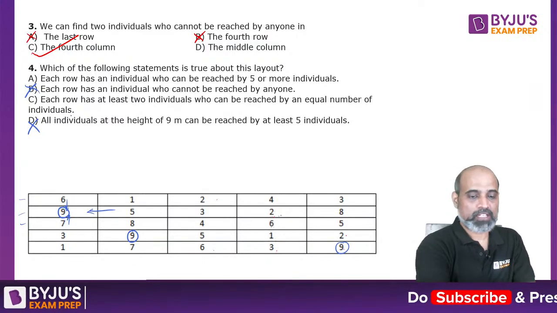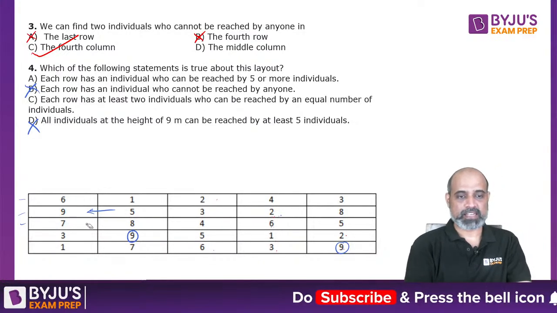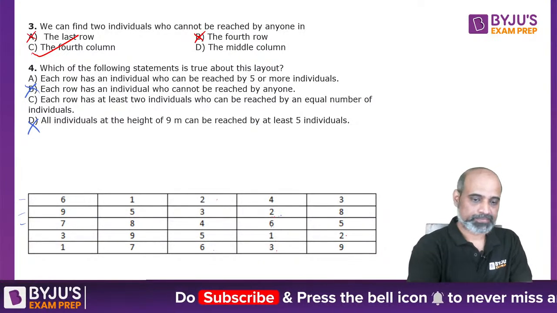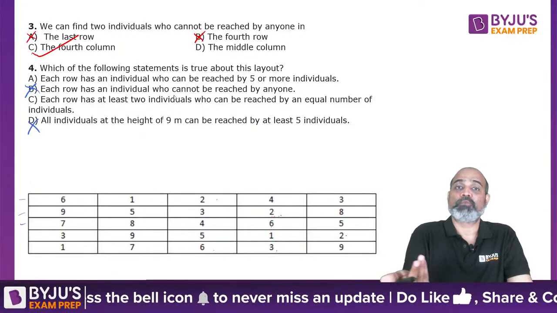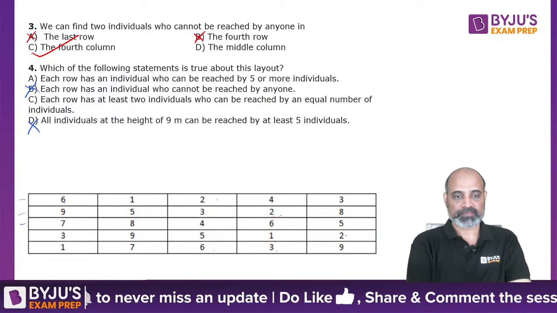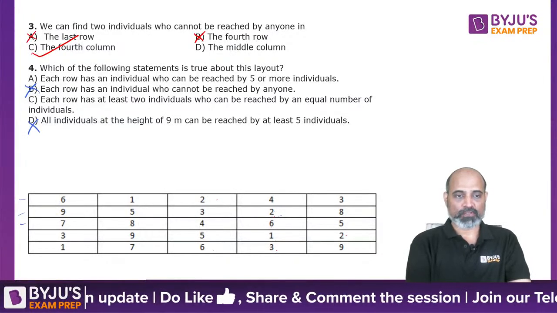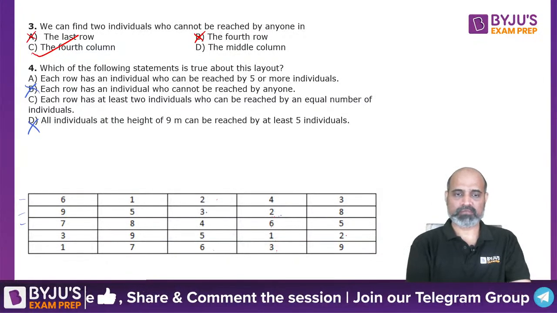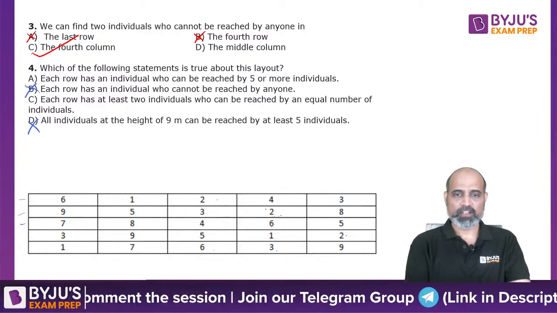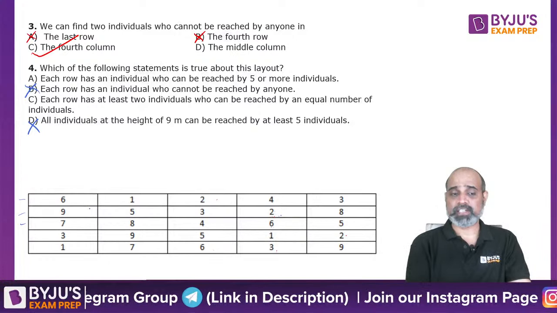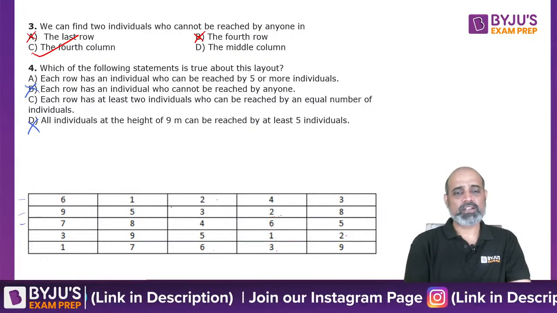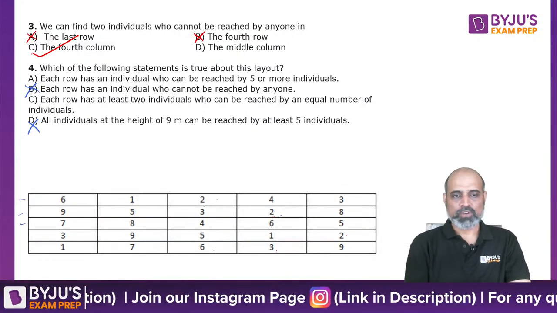Okay, now let's check between A and C. Let's start with A. Each row has an individual who can be reached by 5 or more individuals. Let's check. 6 can be reached by only one person? No. From 2 also, from 4 also. So 6 can be reached by 3 guys. What about 1? No 1. What about 2? Only one person.